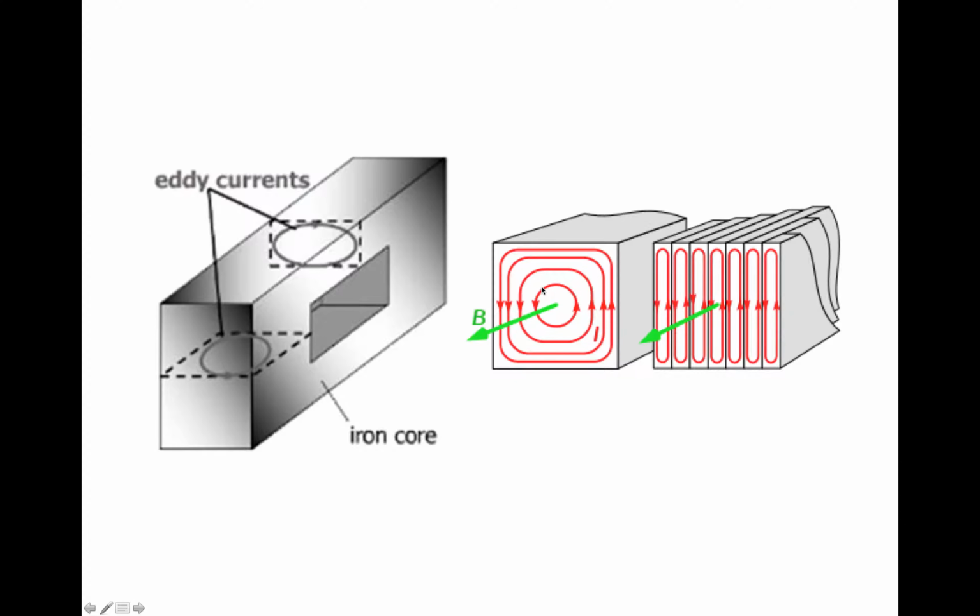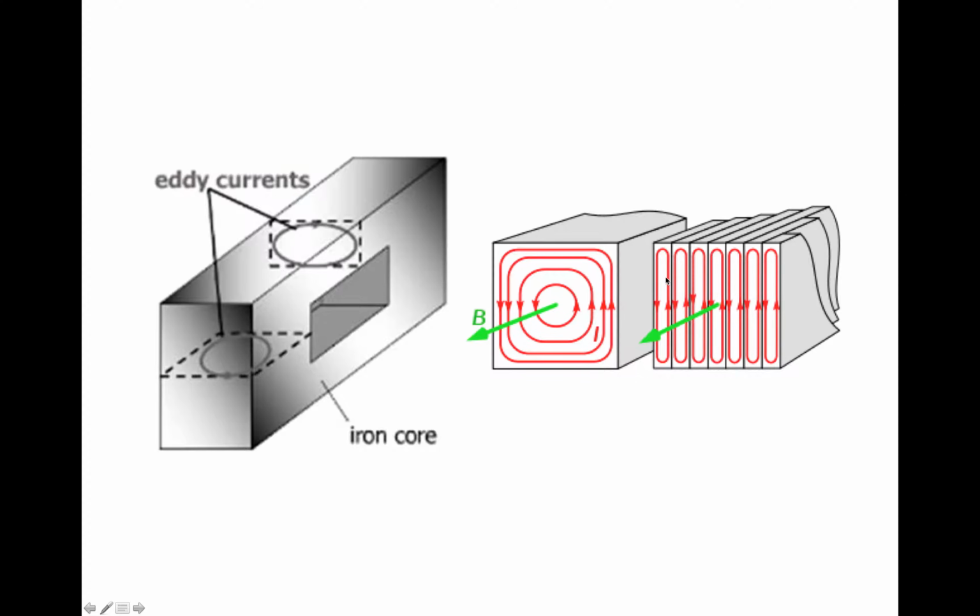So how do you actually reduce the eddy current losses? In practice, what people do is that they are not using a solid iron core. The transformer core is usually built up of lots of very thin insulated laminations of those magnetic materials.